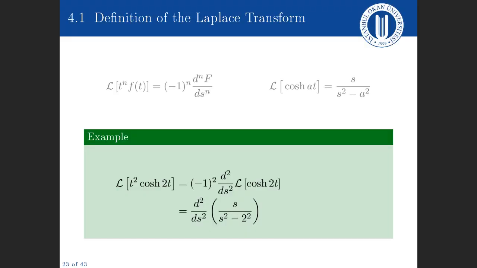In other words, the second derivative of s over s squared minus 2 squared. And I'm not going to do the details here. I'll leave this for you to check. It's just using the quotient rule for derivatives 2 times. You can check that there are no mistakes here.